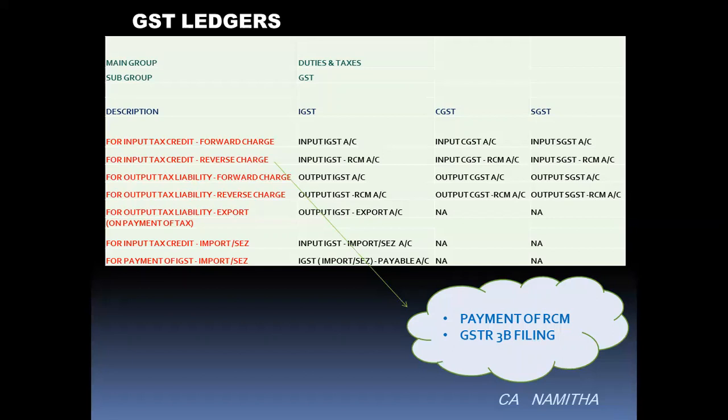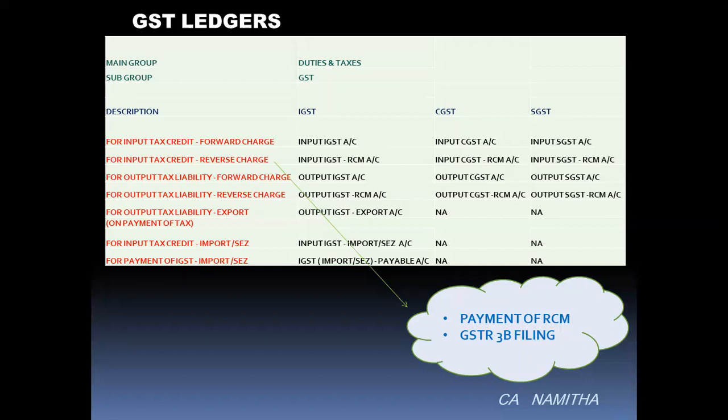The fifth situation is on output tax liability in case of export on payment of tax. The ledger suggested to be created here is output IGST export account.